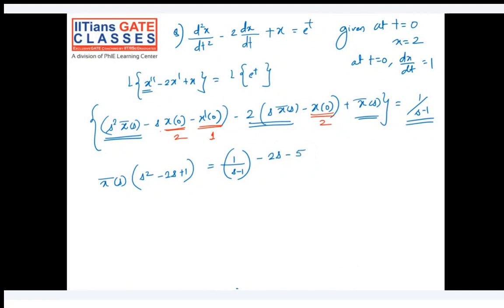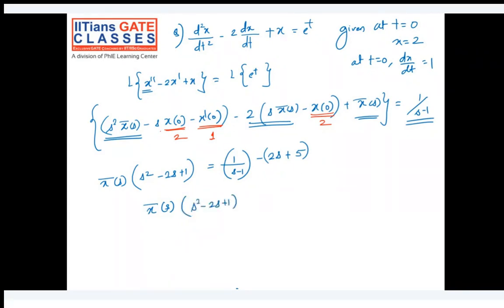Are you following till this? So if you further simplify, can you write it like this, 2s plus 5? And if you further simplify, x bar of s will be equal to, if you multiply it and write, s square minus 2s plus 1, I'll keep it as it is.